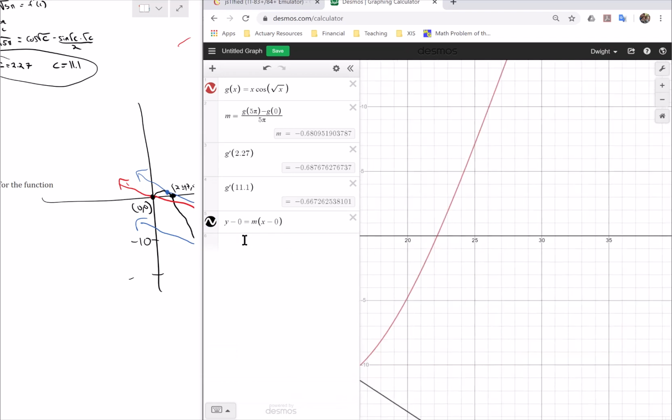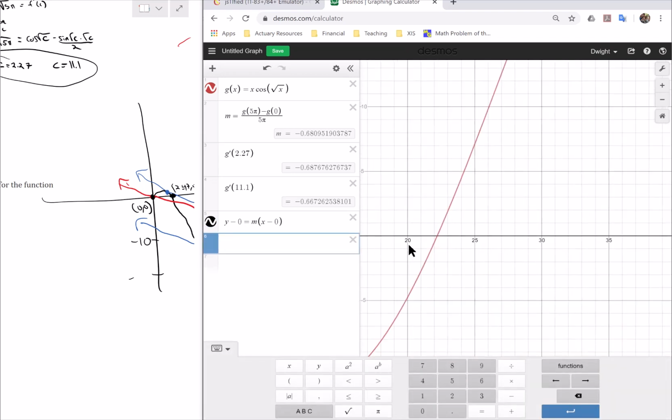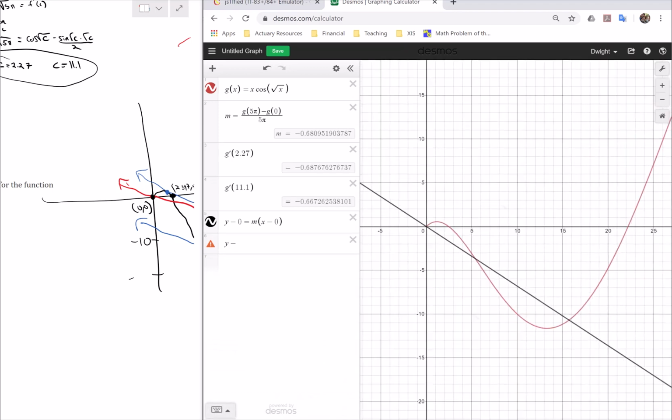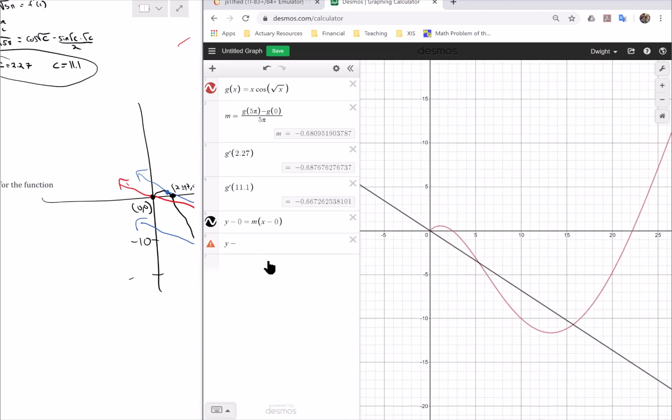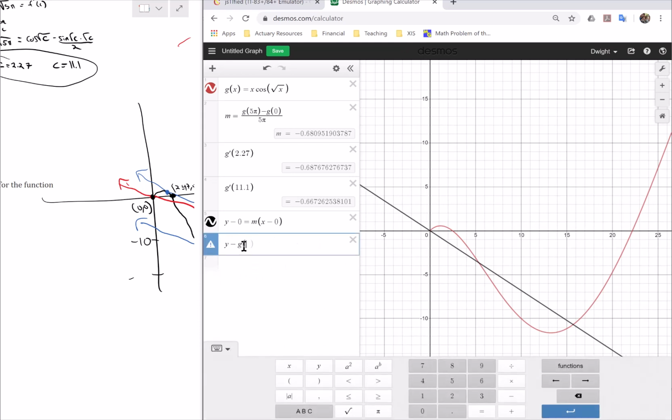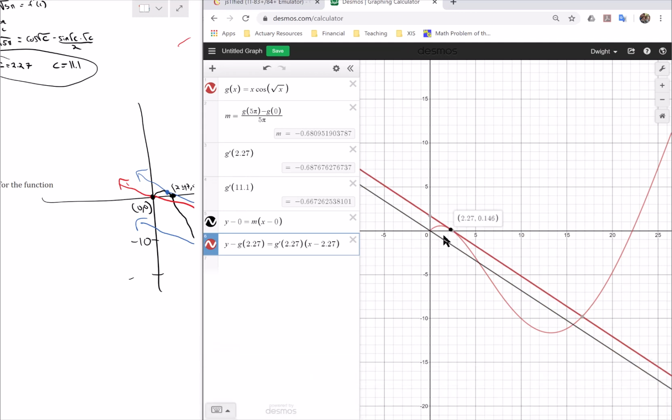If I wrote the equation of the tangent line, then it would be y minus the y value, which is g of 2.27, equals g prime of 2.27 times x minus 2.27.